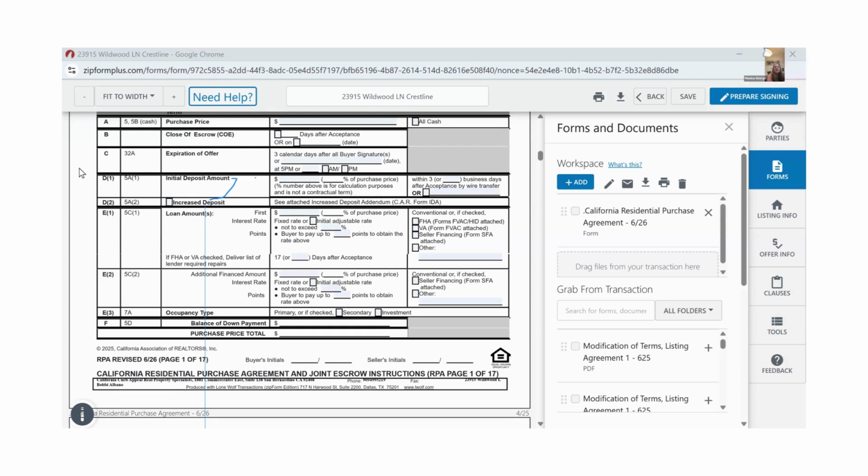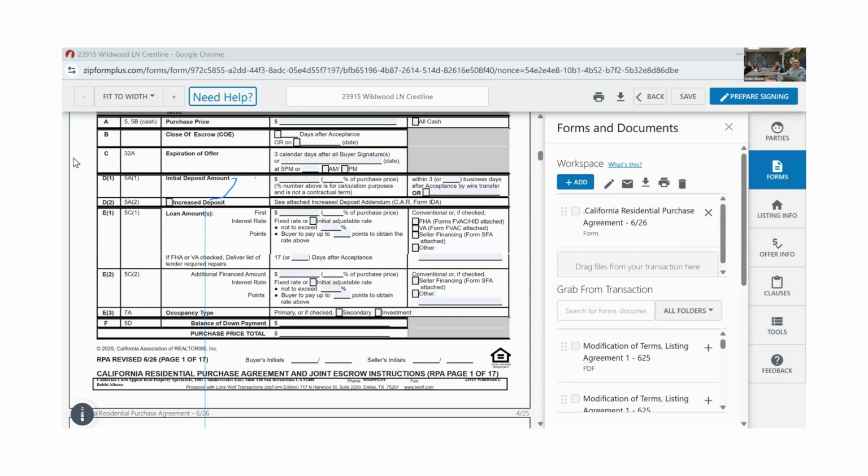And sometimes if you send them a few contingency removals one by one, they even forget that you haven't done them all. If you do the inspection one and then the appraisal one and then the disclosures one, you do them separately. A lot of times they think that they have them all, and that loan one's the last one to go. Hold on to that. Yes, good one. Thank you for that.